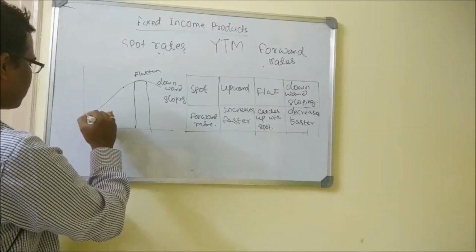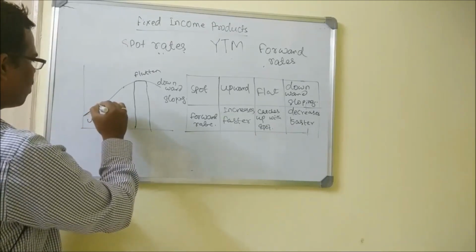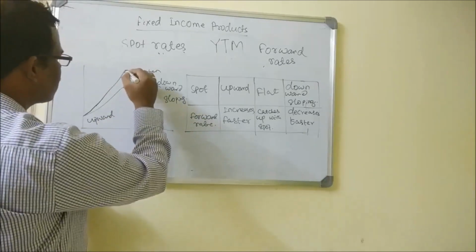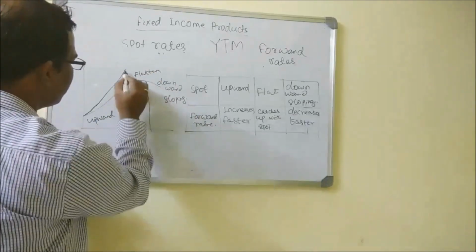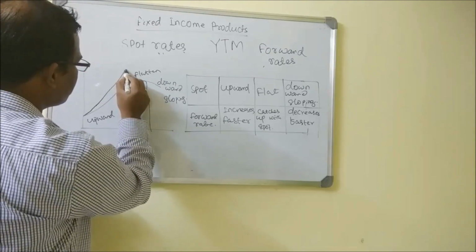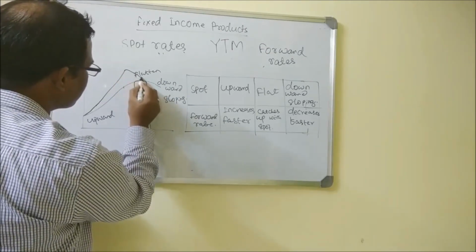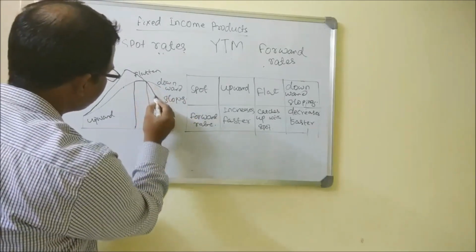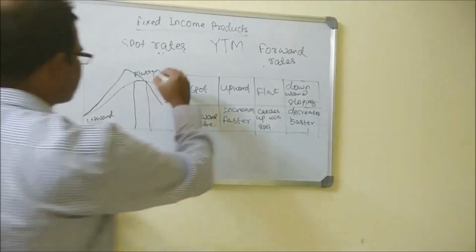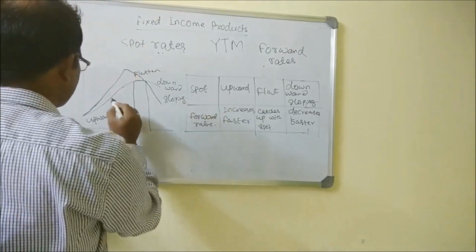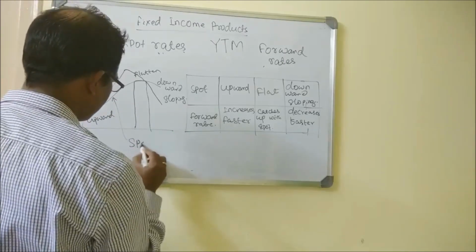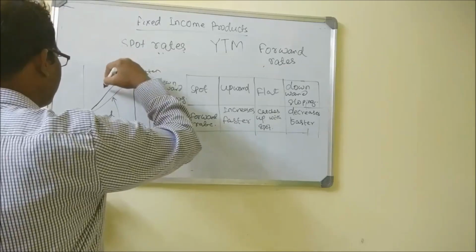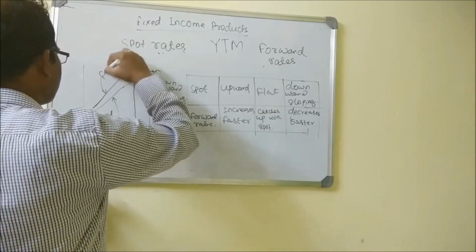So the forward rate, let's say, starts from there and goes very fast and tries to reach a peak, and then when it flattens it will try to catch up. And then it will decrease at a much faster rate. So this is the graph for the spot rate, and this will be the graph for the forward rate.